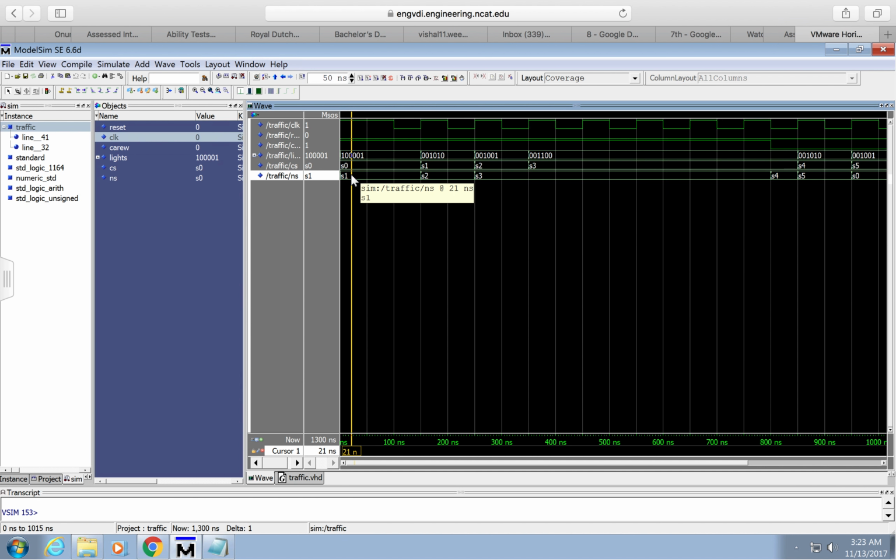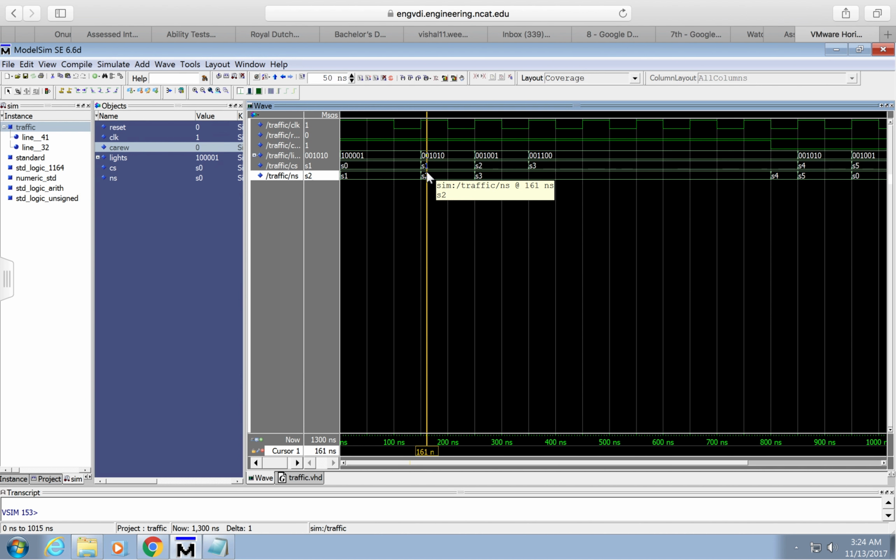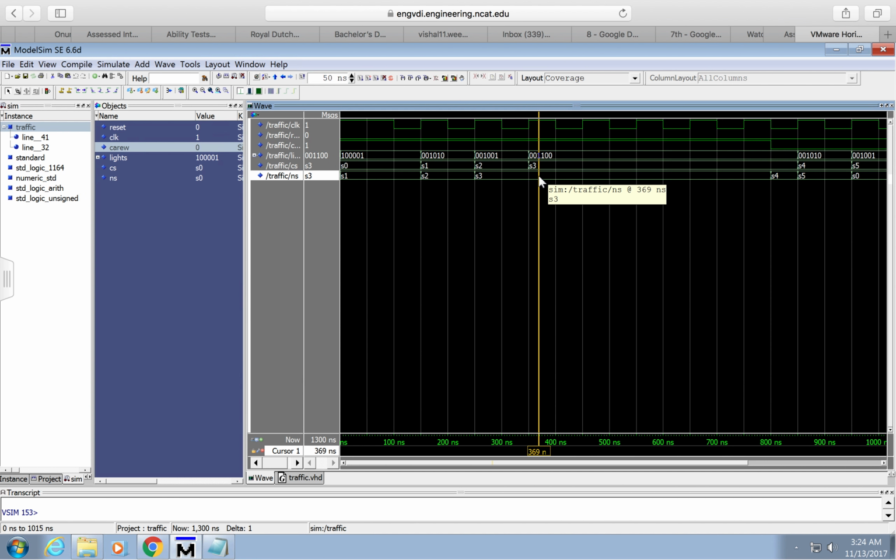As I went over with you guys earlier, when I'm at state 0, my light is green on the north and south. If it gets a one for car in the east west, and then gets another one, it goes to the next state.